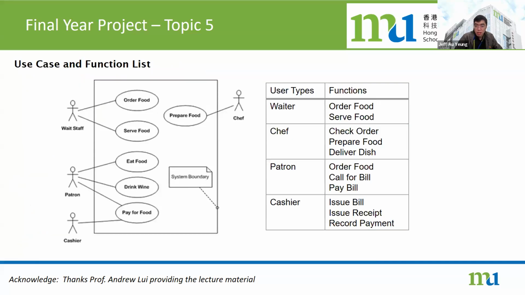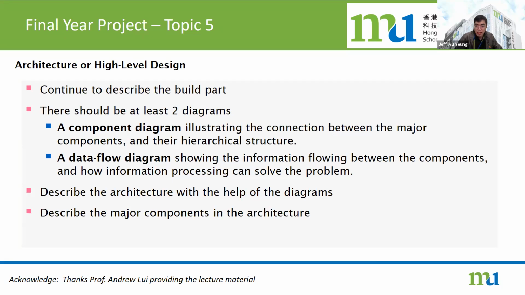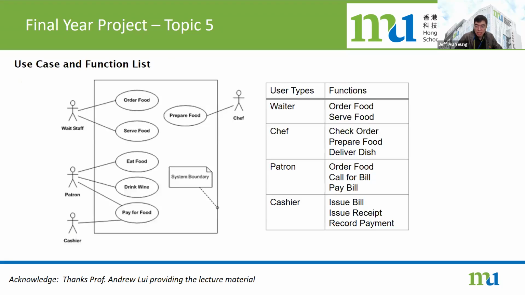Now the use case actually is the diagram to show how your system is operating. The diagram is going to be something like that. You have some users, and then there are some functions in the middle. So this is called the use case diagram. I think in software engineering you already covered it.